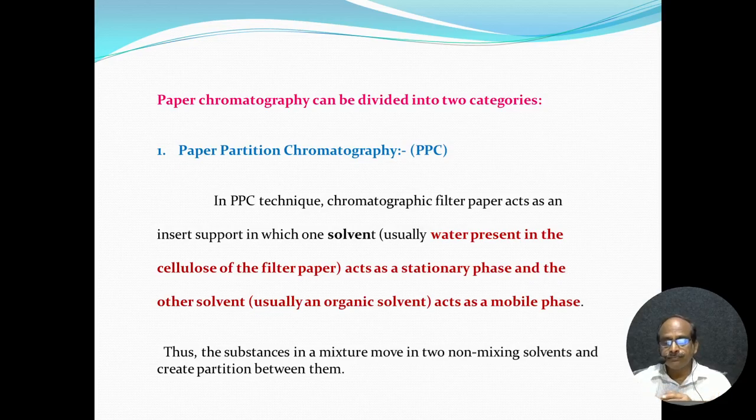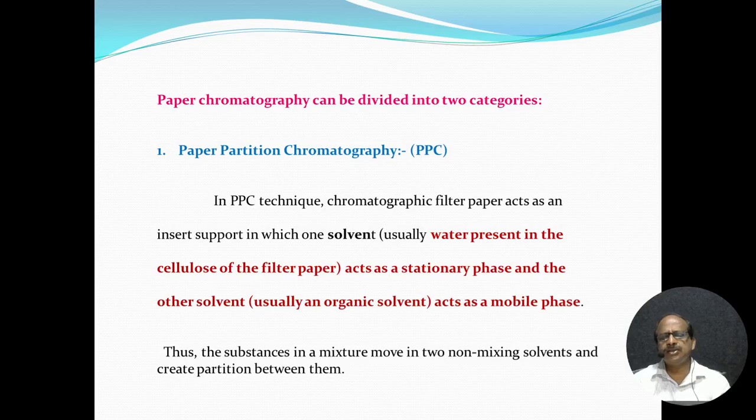H2O molecules are present in the filter paper, in the cellulose of the filter paper, and that acts as the stationary phase. So the stationary phase in paper chromatography is the water present in the cellulose of the filter paper.